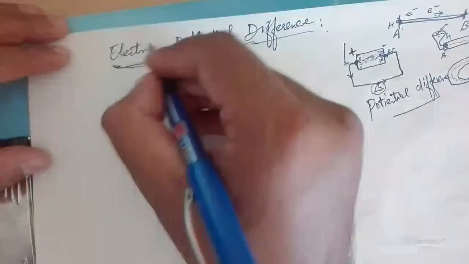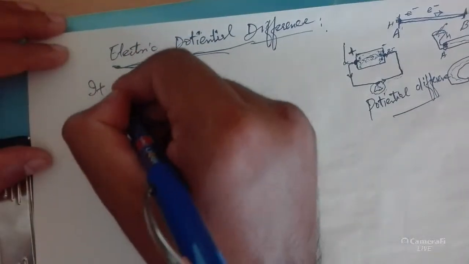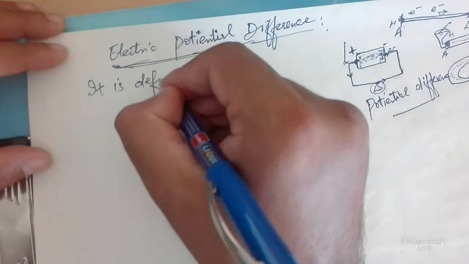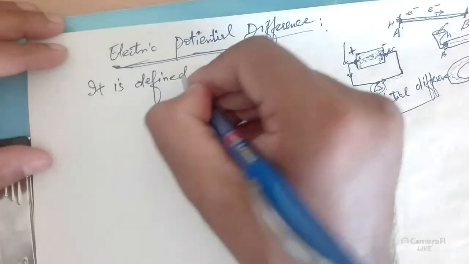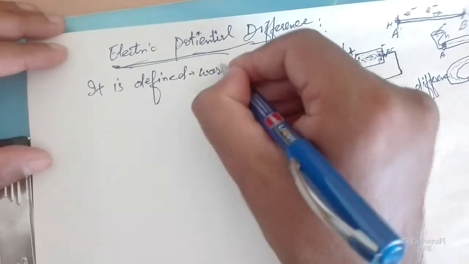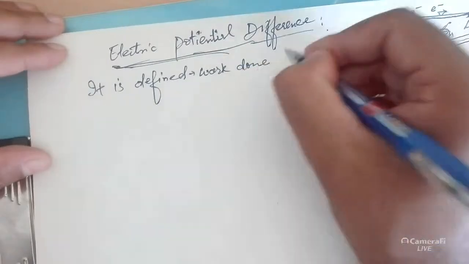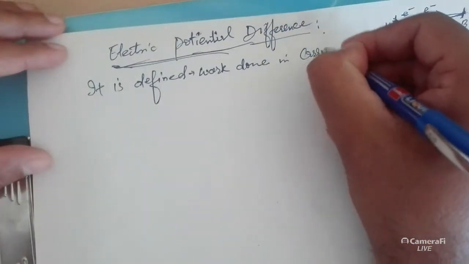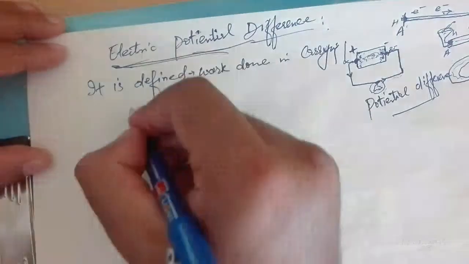In terminology, the potential difference is defined as the work done in carrying a unit of charge from one point to the other point in an electric circuit.